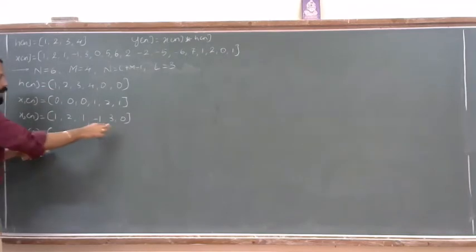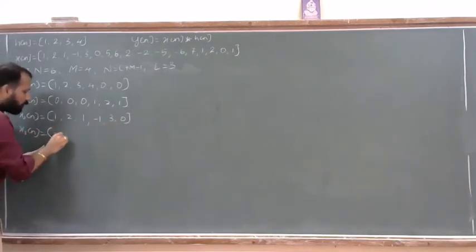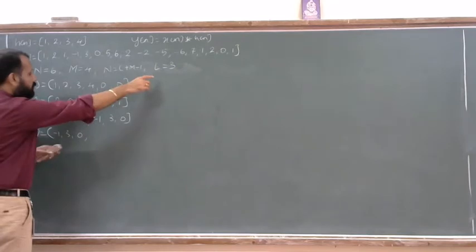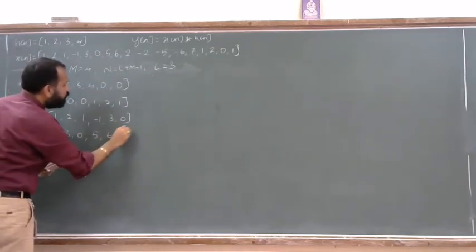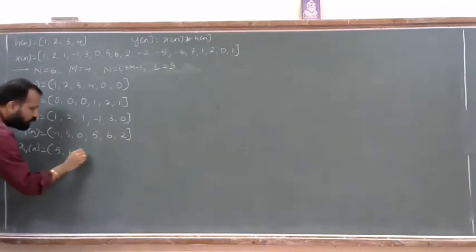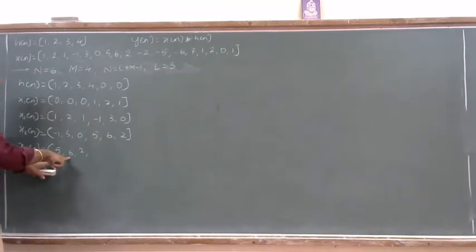Last M minus 1 samples from the previous data block will be taken as the first M minus 1 samples of the next data block, and the remaining 3 samples will be taken from the input: 5, 6 and 2. And likewise, it's x4 of n. 5, 6, 2, which are the last M minus 1 samples here, will be the first M minus 1 samples in the next block.